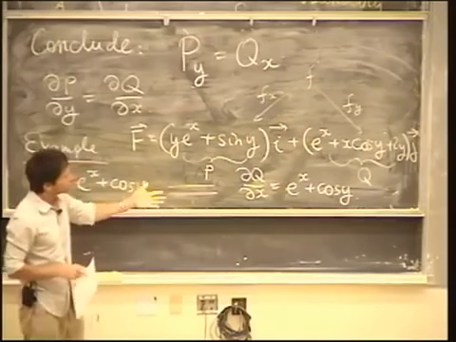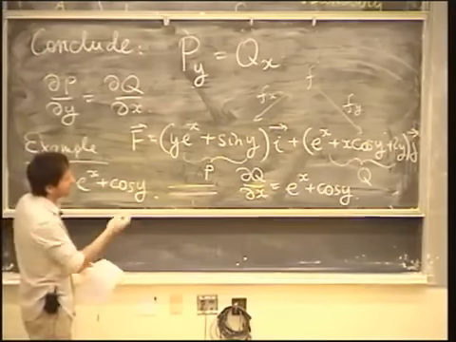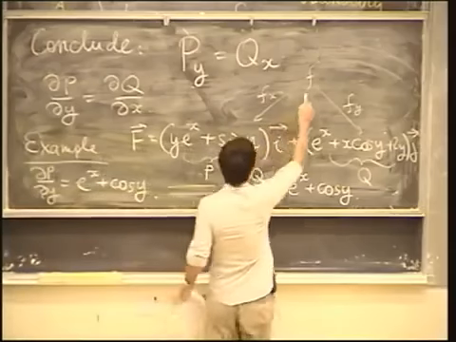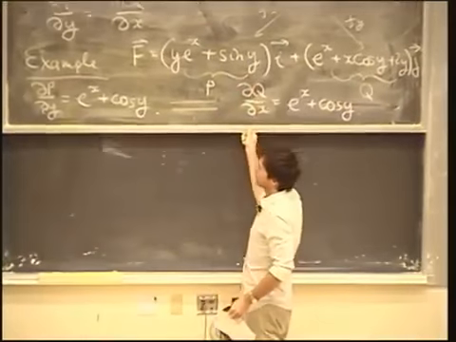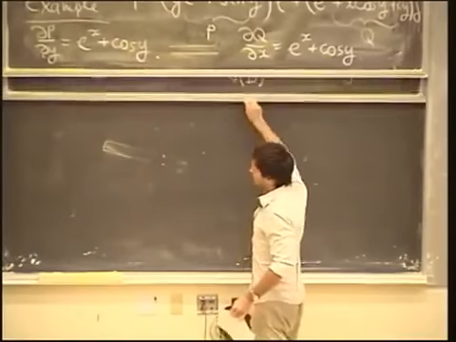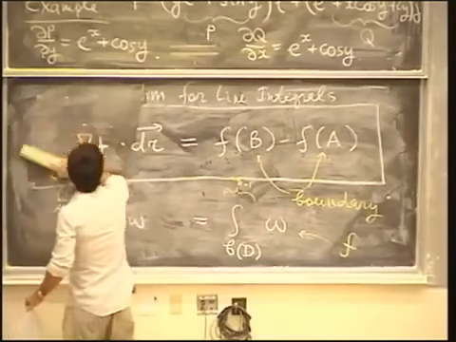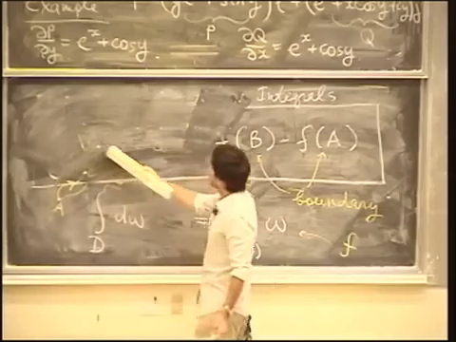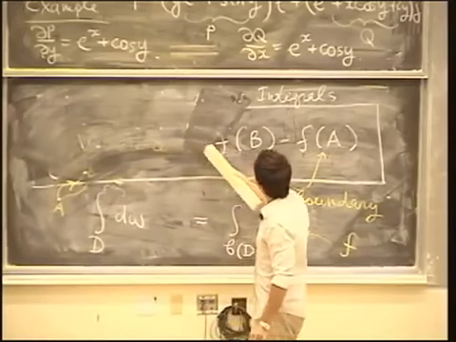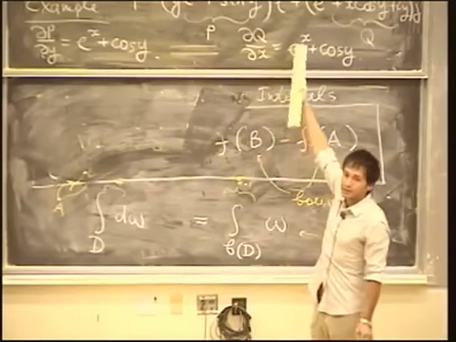So what is a precise statement, and how do we find this function f in this particular case? By the way, for this particular vector field, it would be very easy to calculate its line integrals.